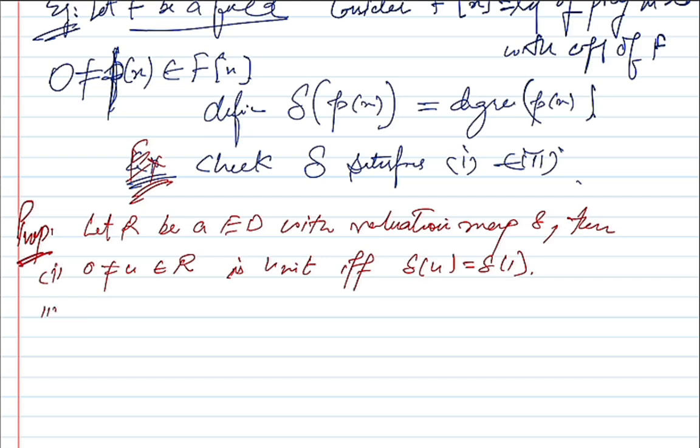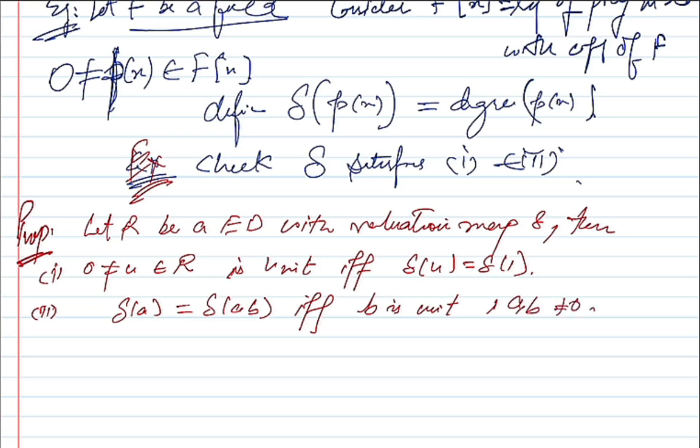Second, delta A is equal to delta of AB if and only if B is a unit, where A and B are both non-zero.